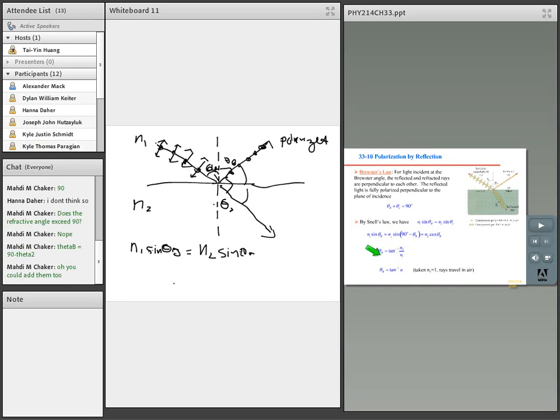This is how you find the Brewster's angle: theta B is equal to the inverse tangent of n2 over n1.